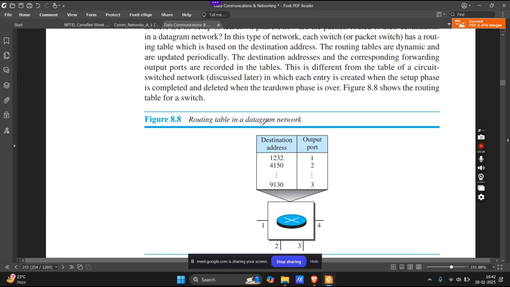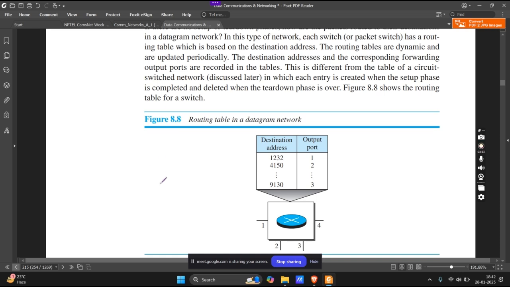Each address has an assigned output port. One output port may have many addresses assigned, but each address has a unique output port. So address number 1232 cannot exit from 1 or exit from 3. It has to exit from 1. There might be another address that will also exit from output port 1. So this is a many to one function.